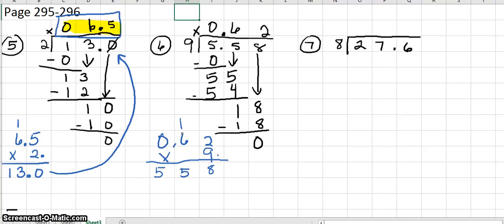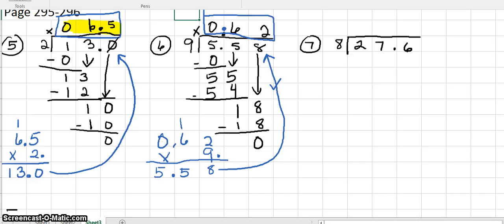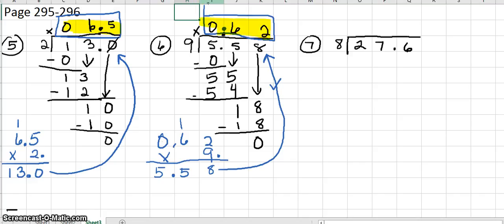I have 2 numbers behind the decimal, so I have 2 in my answer. And I check to see if it matches my dividend. Sure enough, it does. So my answer is 62 hundredths. And I'm ready to go to my next question.